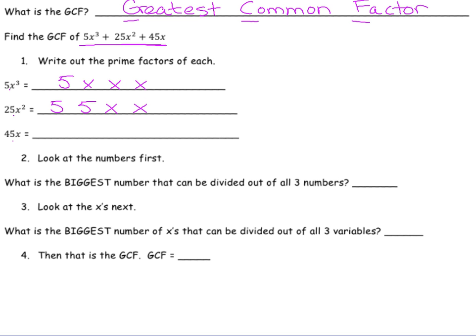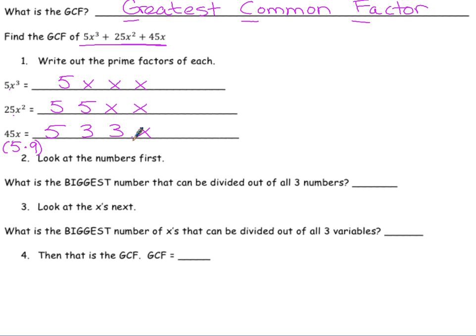For 45, we could factor out that 5 times 3 times 3. Really what I just did was I did 5 times 9 in my head, and then I turned my 9 into 3 times 3.